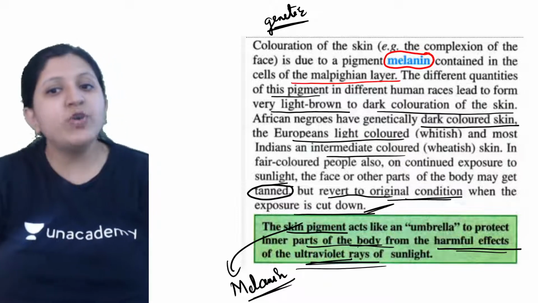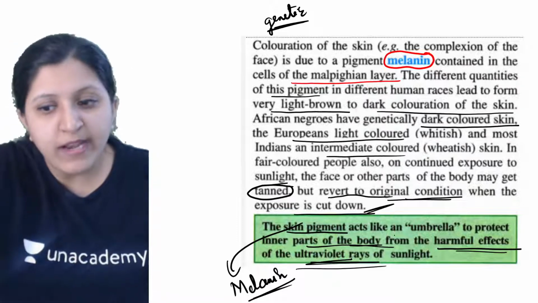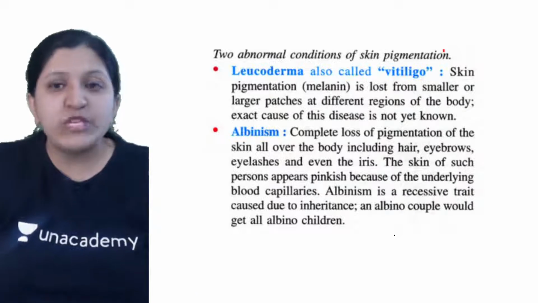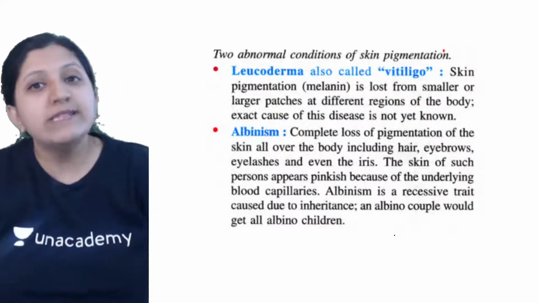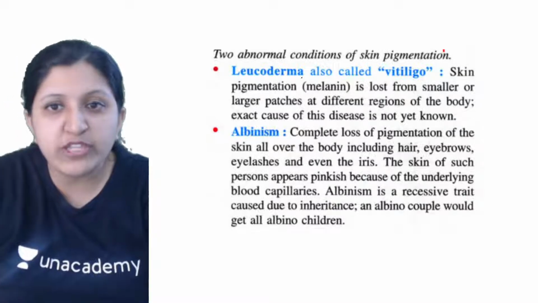So this prevents damage from the ultraviolet rays of the sunlight. Now, the abnormal conditions which we can see with respect to skin pigmentation. Leukoderma: a lot of questions are asked on this.